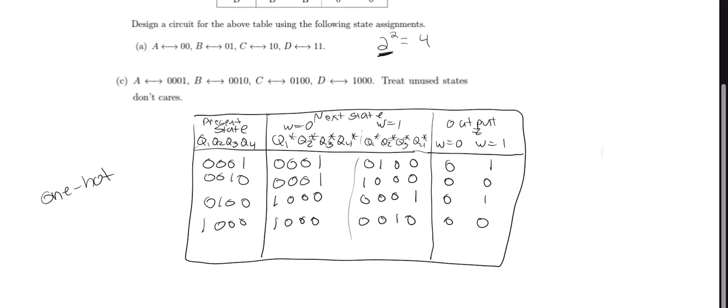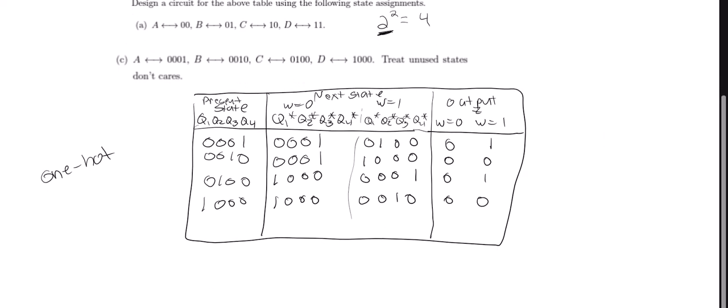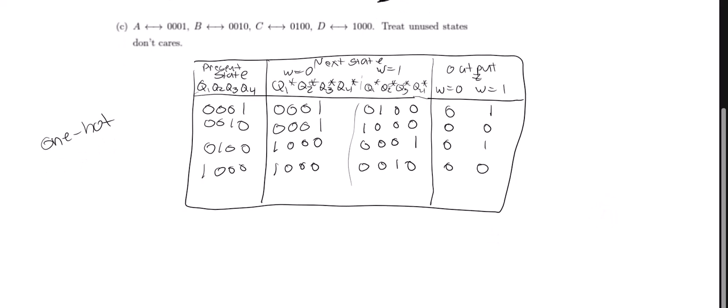now for these, you're not going to want to do a full-fledged Karnaugh map, a 5-variable Karnaugh map. Usually with these, you can do it by examination. You can look at it and figure out what it's going to be. So let's look at Q1 star. That's this first column here and the first column here. You'll notice when W is 0, Q1 star is 1.